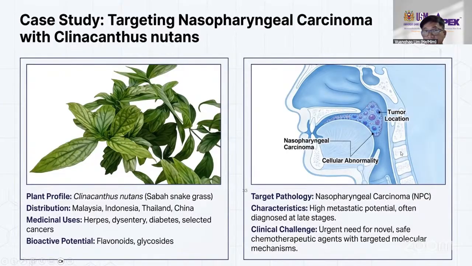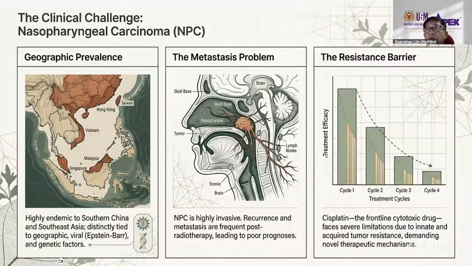The characteristic of NPC is a very high metastatic potential, even though it is diagnosed at very late stages, because it's like nose cancer or throat cancer. So the clinical challenge is the urgent need for a novel chemotherapy agent with a targeted molecular mechanism. As I mentioned earlier, the geographic prevalence is very highly endemic to South China and Southeast Asia.